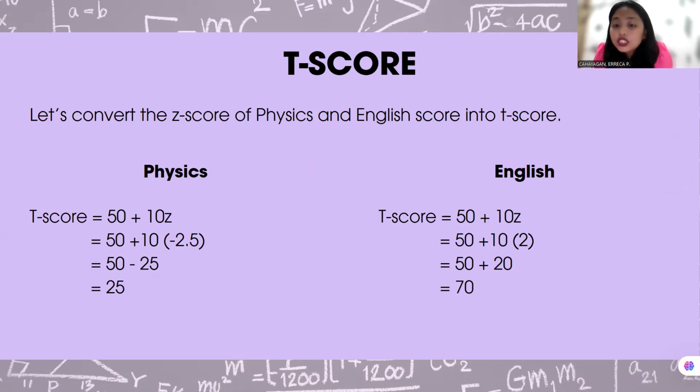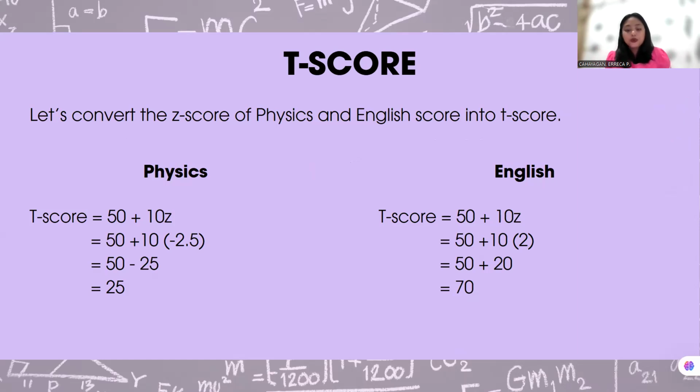In English, 50 plus 10 times 2, which makes it 20, plus 50, will be 70. Here I just let you see how the process is, but if you put it in your scientific calculator, you can get that score.